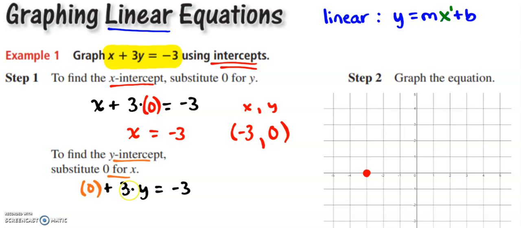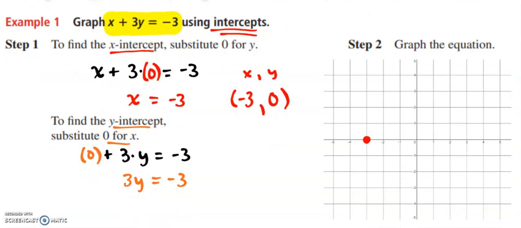So 0 plus 3y would just be 3y. Then I just have to do a little bit of solving to get the y isolated all by itself. I'm going to divide both sides by 3, because that's how I can turn 3y into 1y. So y would equal negative 3 divided by 3, which would be negative 1.